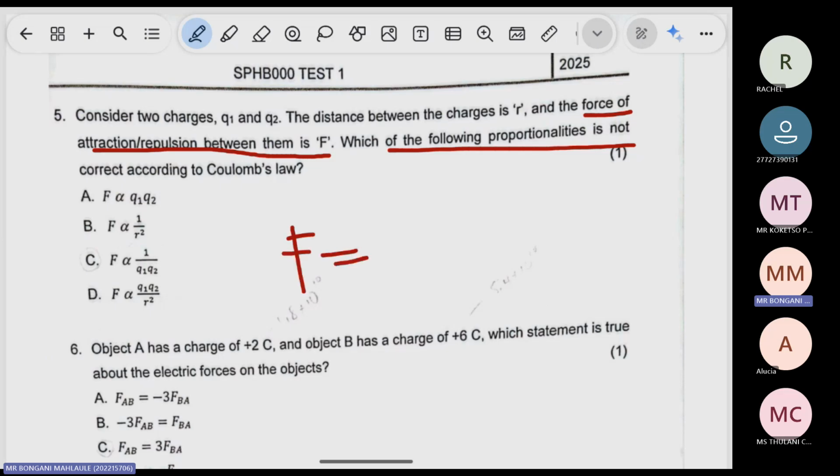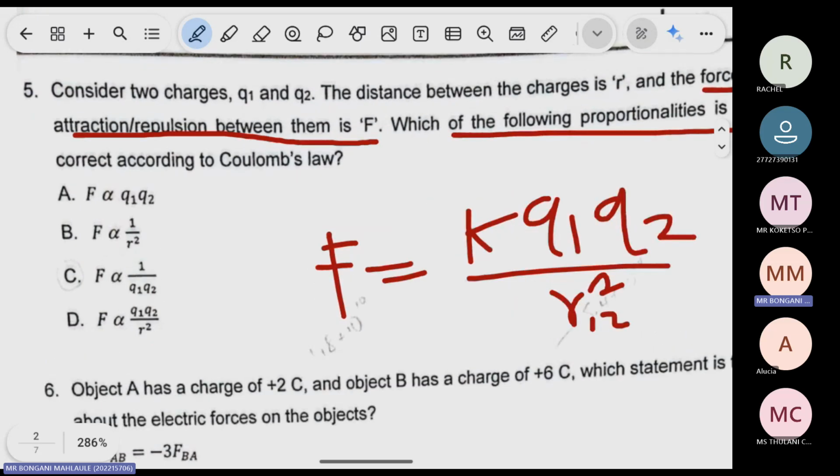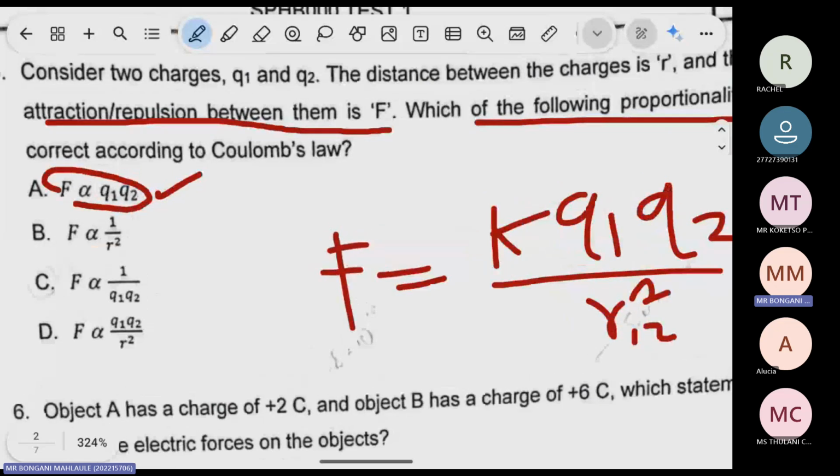Remember we said Coulomb's law is like this, no? Then squared. So force is directly proportional to Q1. So this one is correct. Inversely proportional to, then this one is also correct. I'm not sure. I think it's letter C.